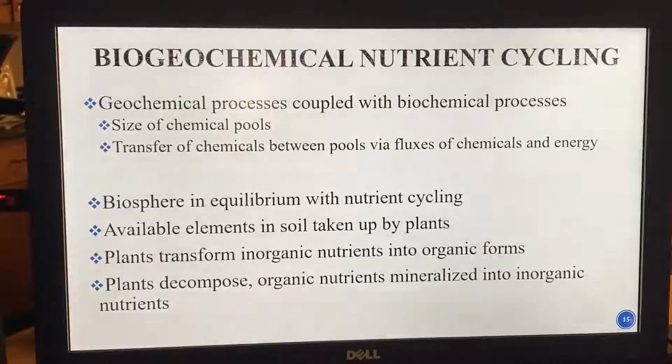Immobilization, it's in the soil as an organic nutrient, converted from inorganic to organic. Mineralization is converted from organic to inorganic that the plants can then take up. But once it gets inside the plant, they return it to organic. Because they're organic, right? When they die, those organic nutrients are then reconverted into inorganic nutrients. And that cycle just continues.